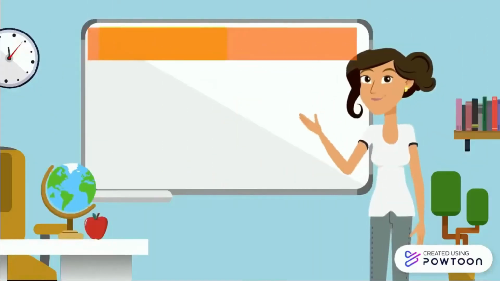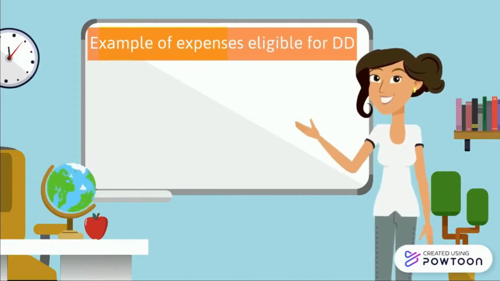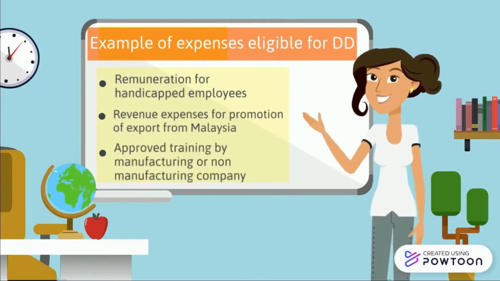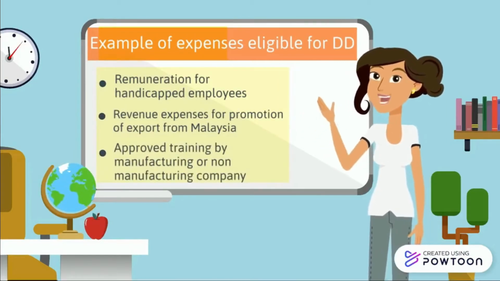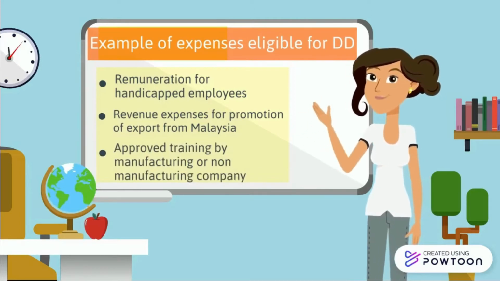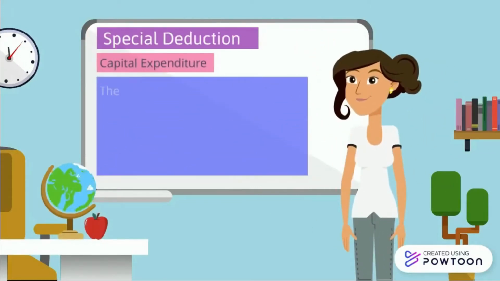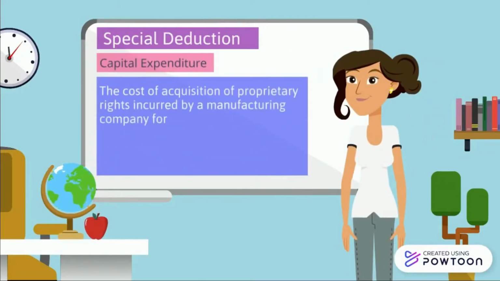Now let us see a list of expenses that qualify for double deduction. Firstly, we have the remuneration of handicapped employees, revenue expenses for promotion of export, and approved training by manufacturing or non-manufacturing companies. As for capital expenditure, the government has given orders to grant special deduction to relieve the business person.